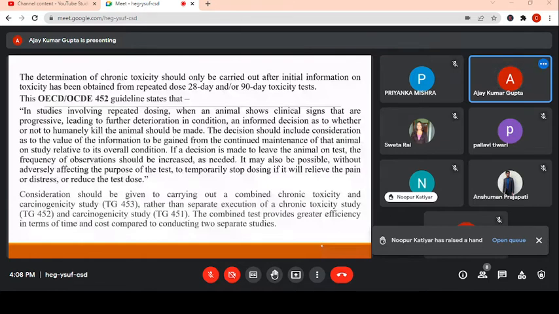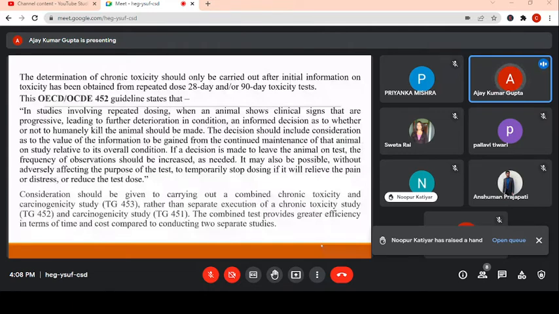So what does it state? It states that in this study, a repeated dosing pattern is followed, that is already known to you, on a regular interval basis. If the animal shows progressive signs or there is a deterioration in the condition, then a decision has to be made.